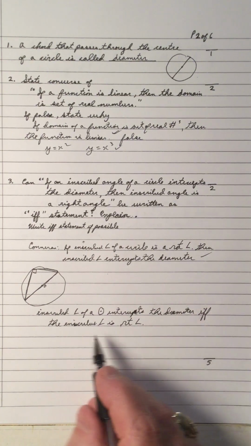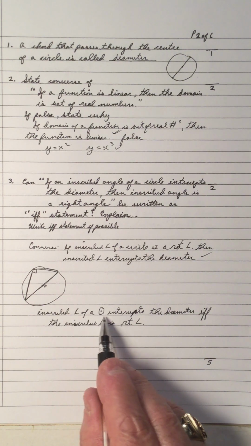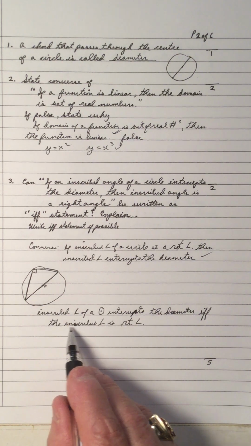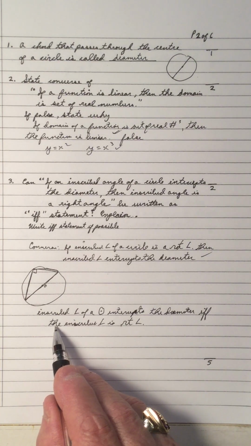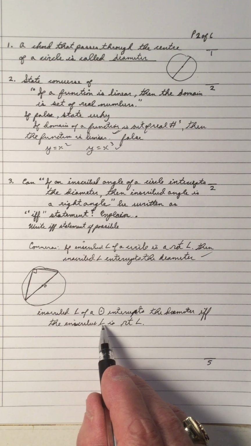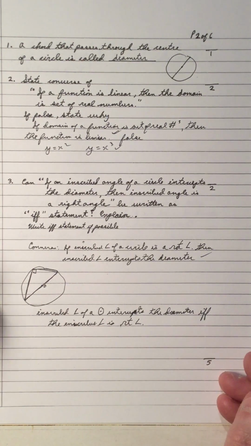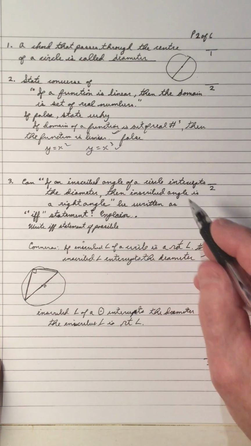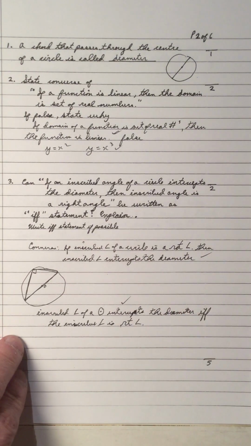If and only if means an inscribed angle of a circle intercepts the diameter, then the inscribed angle is a right angle. And then you can reverse it. If the inscribed angle of a circle is a right angle, then the inscribed angle intercepts the diameter. And give yourself, again, a mark for the converse and a mark for the statement. So 2 marks altogether, so 5 for that page.